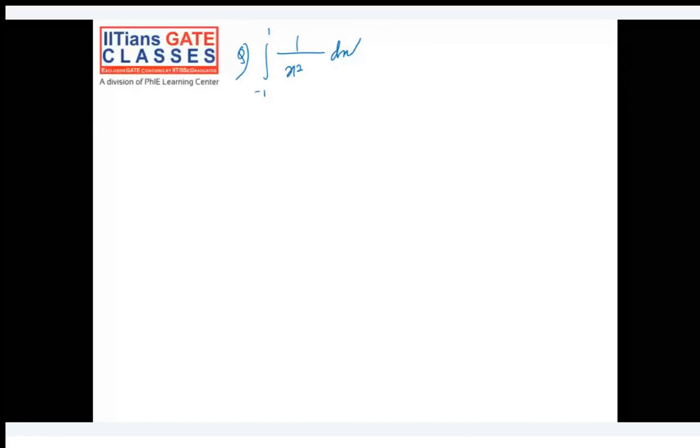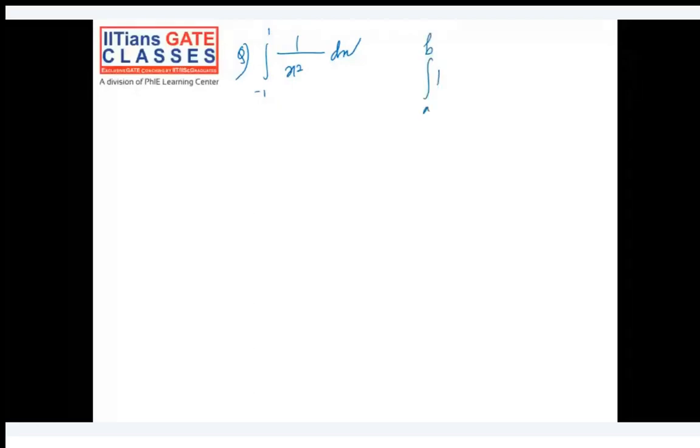The answer here is infinite because whenever you have a limit a to b f of x dx, and if we have a point c which is in between a and b, you can still write this integral as integration a to c f of x dx plus integration c to b f of x dx, right?